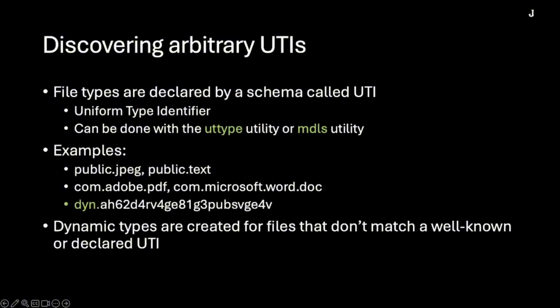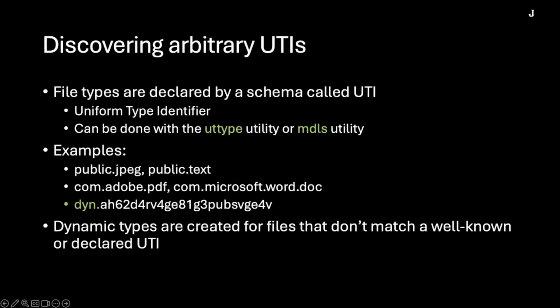The other question is what to do about the declaration of file types. This is going to be a bit short, not complete, but still. Basically, on Mac, file types are declared by a schema called UTI. If you come from a Windows world, you're familiar mostly with file extensions, but you probably know that file extensions don't mean anything.